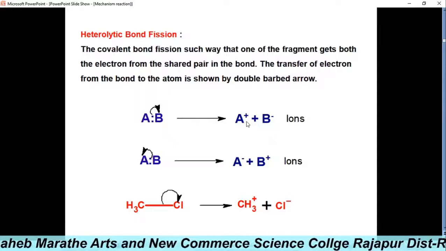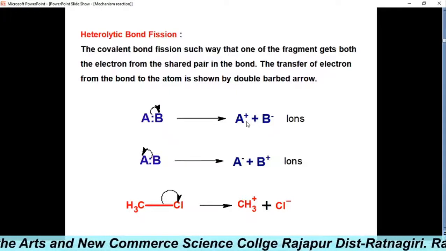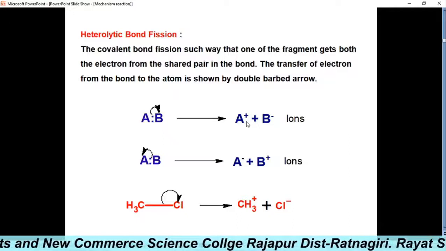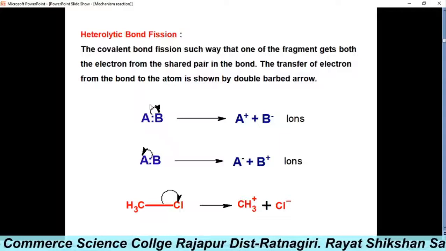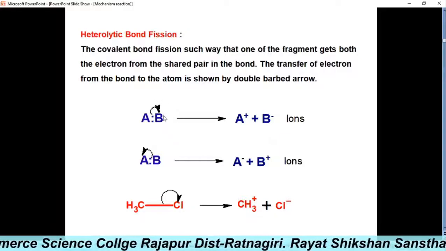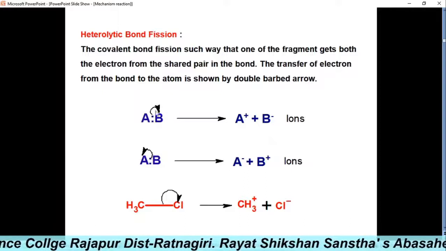The transfer of an electron pair from the bond to the atom is shown by a double barbed arrow. This type of arrow is named a double barbed arrow.